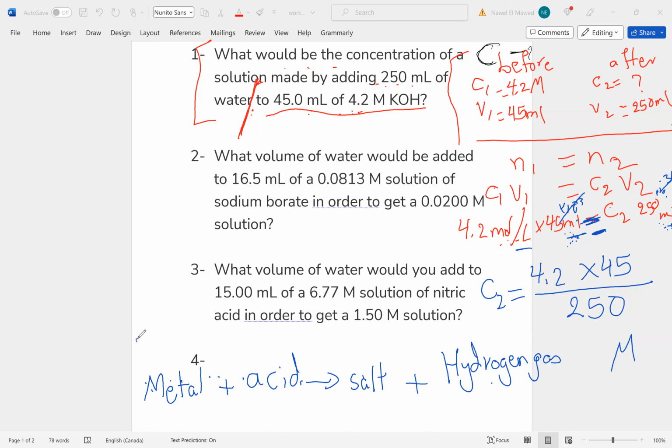But metal carbonate, please write these two equations we wrote. Carbonate plus acid, what will it give me?